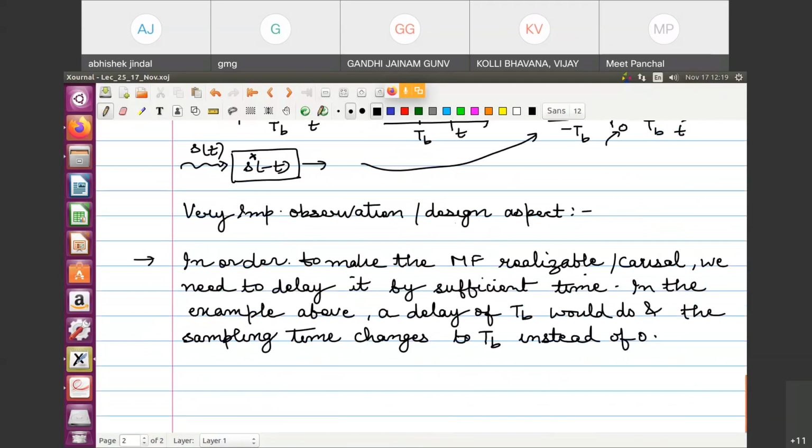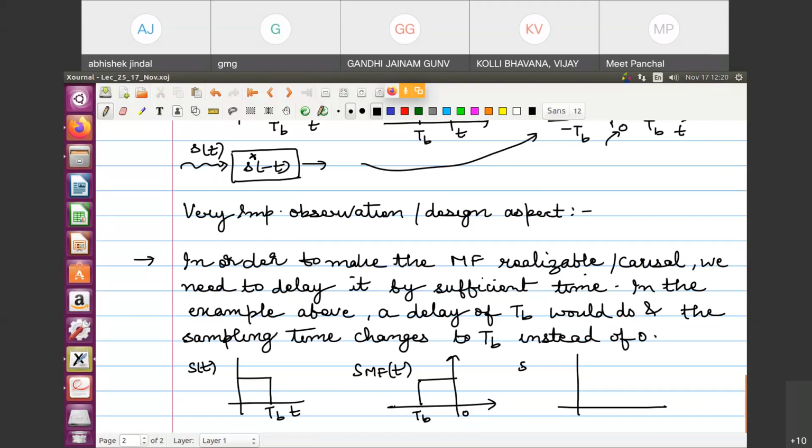Let us see what we are saying. If this was your s(t) versus t, with width T_b, what was your s_MF(t)? It was nothing but the flipped version. Now if you need to delay it to make it realizable, you delay it by T_b. So this becomes s_MF(t minus T_b).